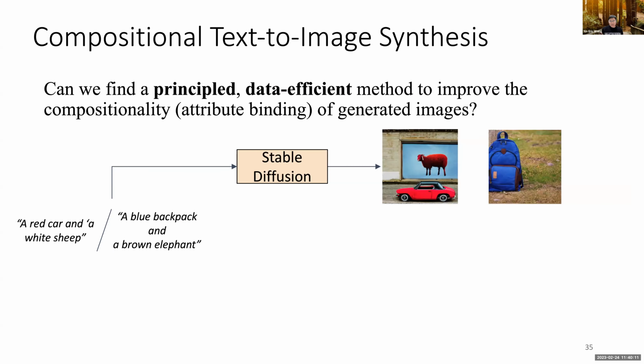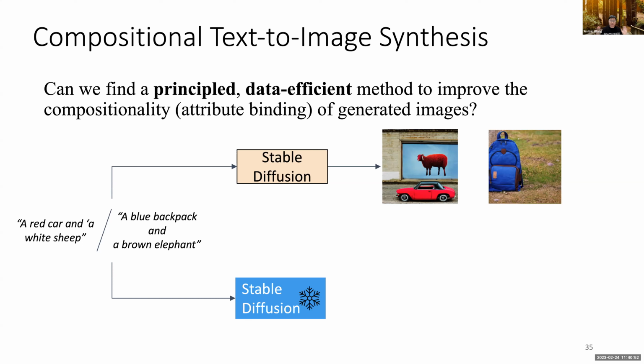So we would like to ask, can we find a principled, data efficient method to improve the compositionality of those generated images? Or more interestingly, can we not train a new model from scratch and simply do some magic on the pre-trained model, without even fine-tuning, to improve its compositionality?